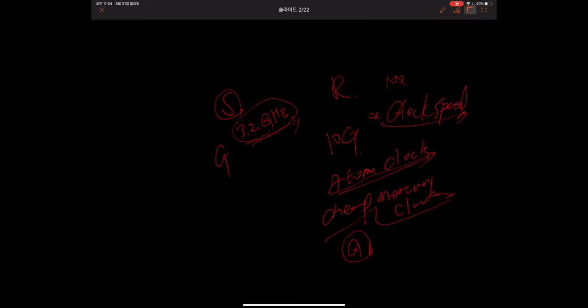Also, if you're using wireless, there is the IQ plane. Do you know what the IQ plane is? I phase and Q phase. It's maybe physics from your high school. No?